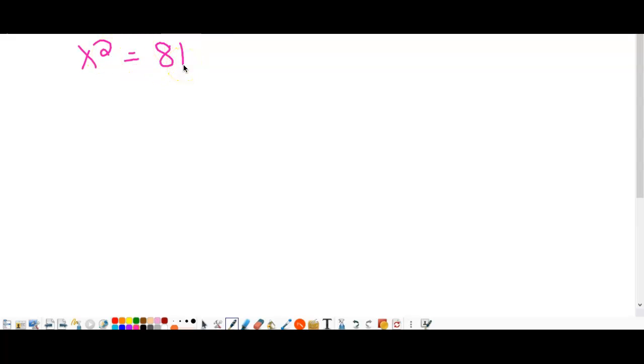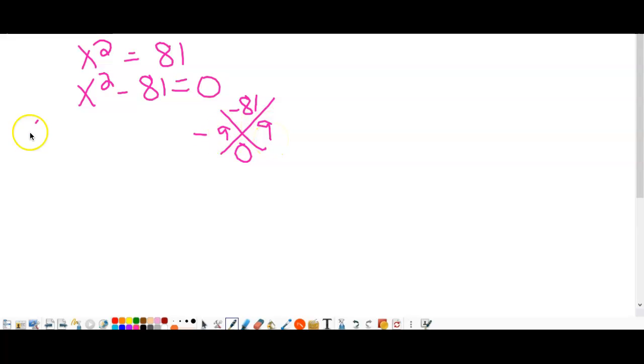So we would have x squared minus 81. The last number is negative 81. The middle number is 0. So I need two numbers that multiply to negative 81 and add to 0. Negative 9 and 9. So that factored as x minus 9, x plus 9. Then you set each of those equal to 0.